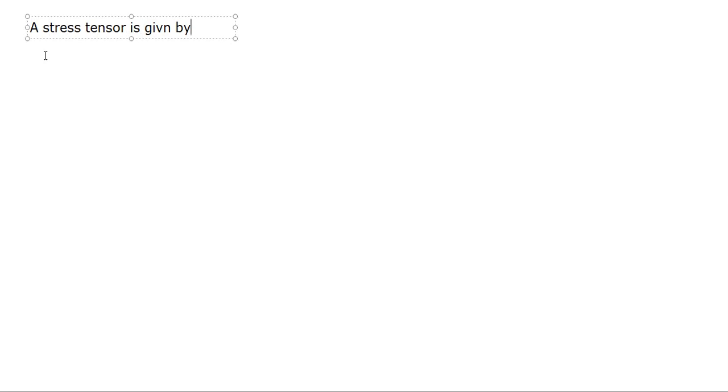So let's pick on a stress tensor again. We'll say the stress tensor is given by, we now know it's newtons per meter squared.